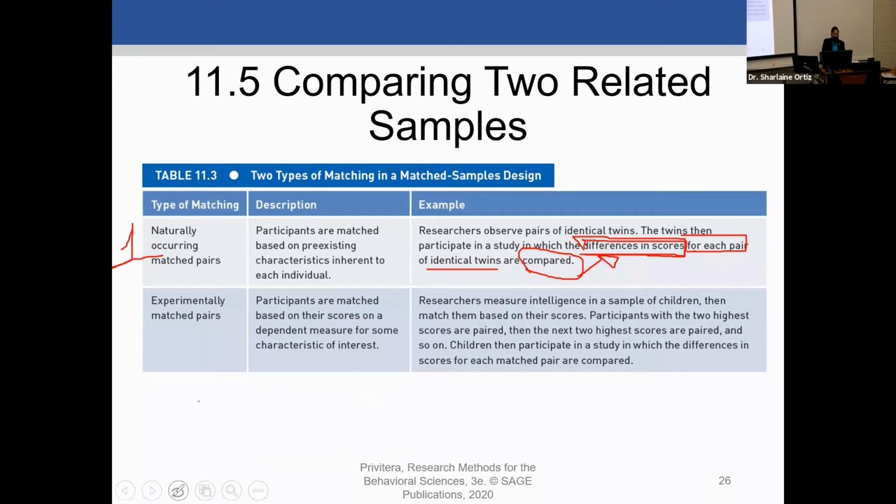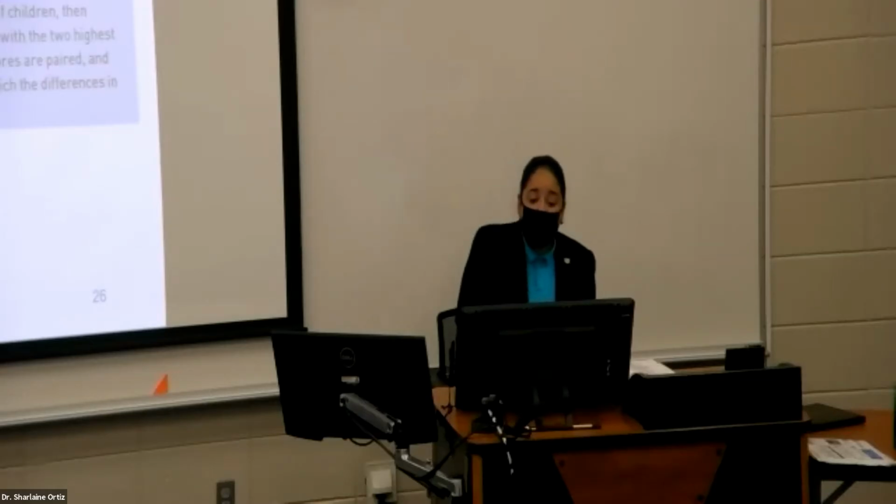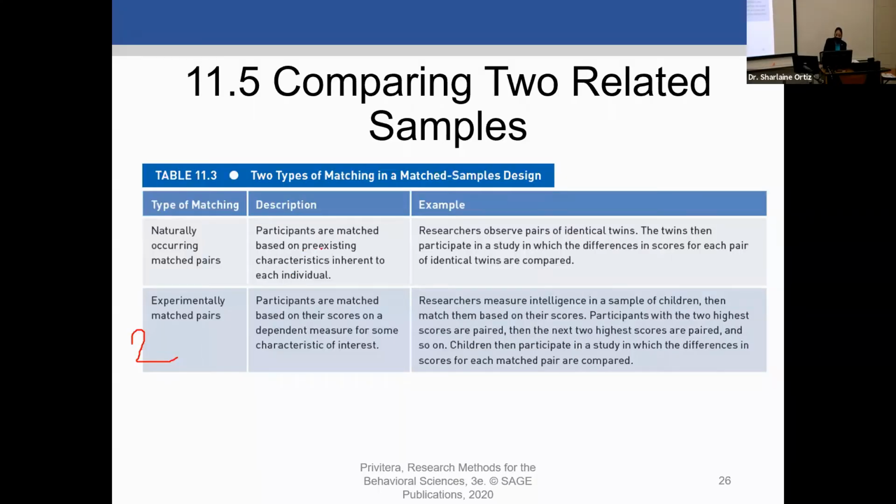Good deal. So let's move our attention towards the bottom of your screen, where we have a second method that I would like to discuss, which is experimentally matched pairs. In this case, I am not focused on pre-existing characteristics.